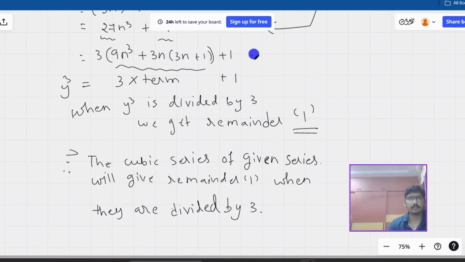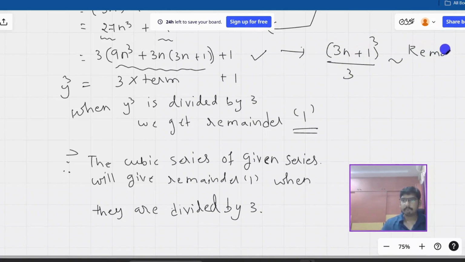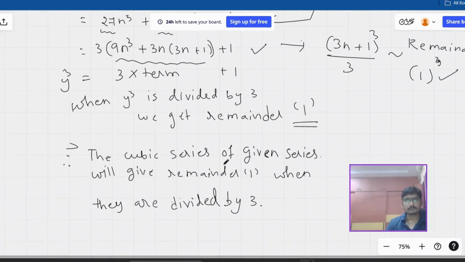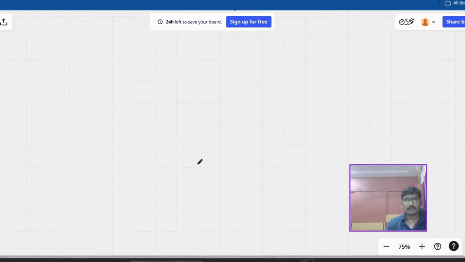Here we got the proof, right? It's nothing but 3n plus 1 whole cube by 3 gives remainder 1, right? This is the thing you should follow. After that, there are some sums that will make you think.